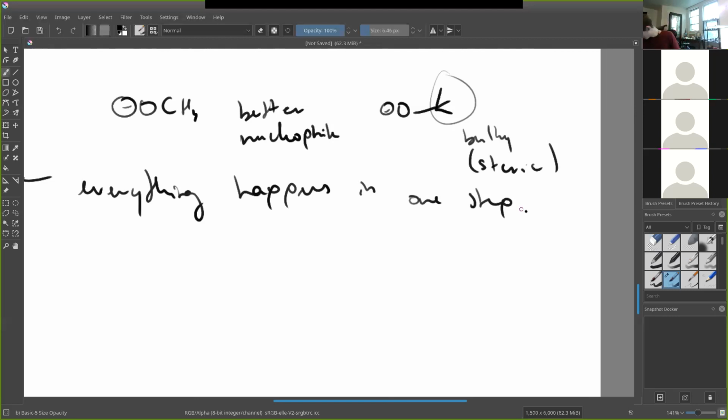The counter example to this, and I dropped my pen, give me one moment. The counter example to this is SN1 reactions, which happen in multiple steps, but the rate only depends on the concentration of one thing at a time. I'll show you what that means in a second. Let me find my pen. 30-second break. It fell on the floor.